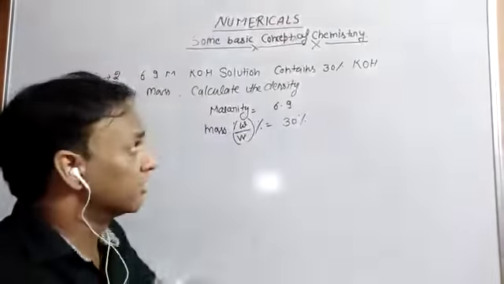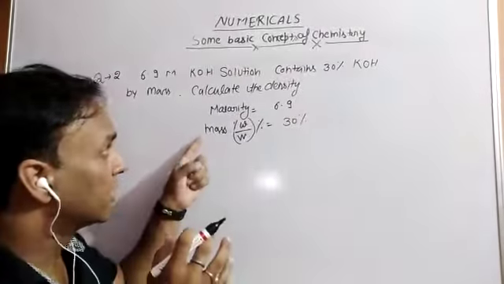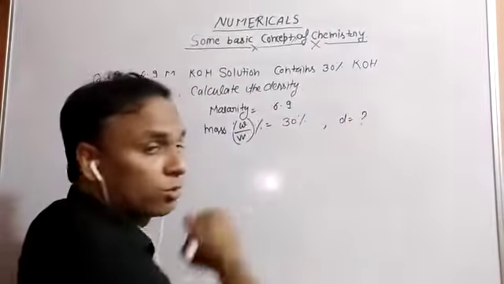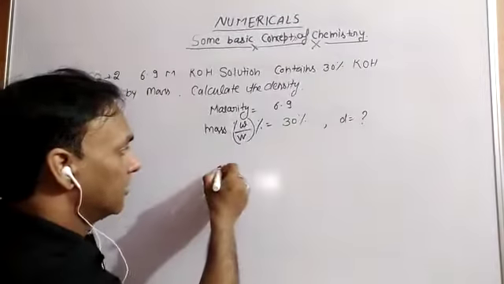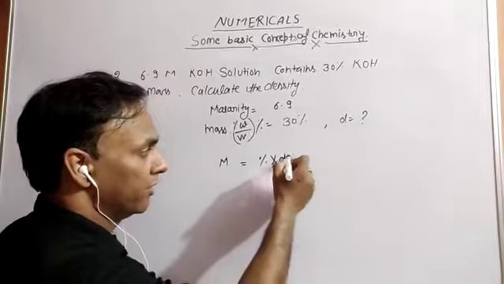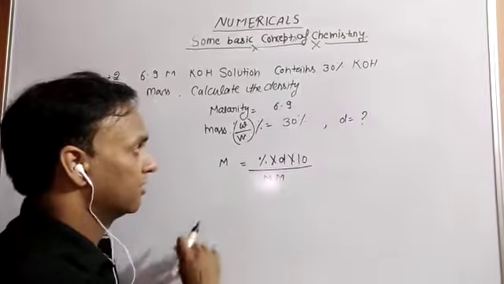As I have already discussed the relationship between molarity and mass percent, suppose that mass percent is given and we have to find the density of the solution. Clear? Then the molarity is equal to mass percent into density into 10 upon molar mass.